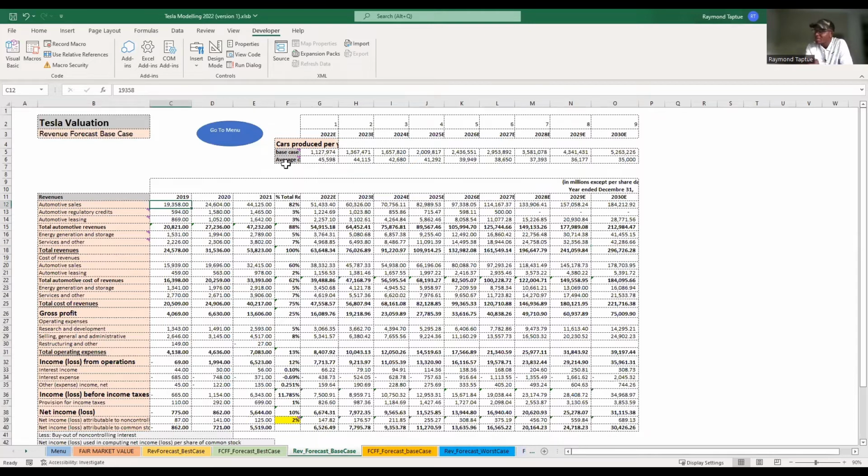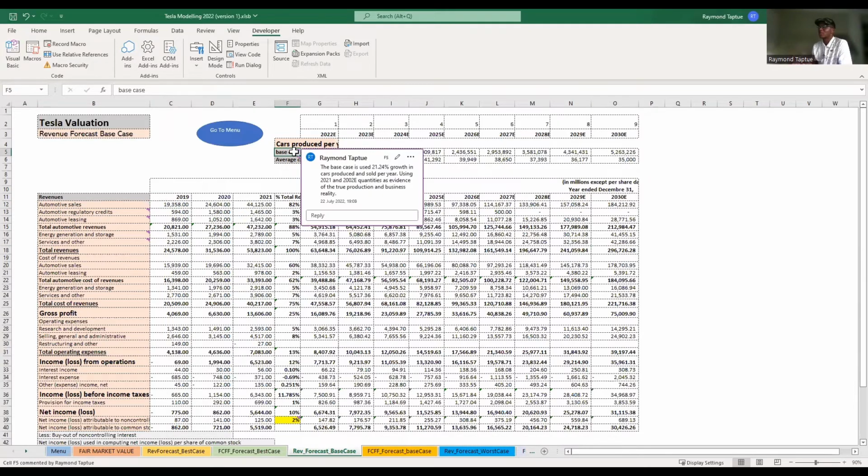So under the base case scenario, I made the assumption that the production will grow about 21% per year to 2030. And to determine that production, I connected the quantity produced in 2021 with my estimate for the 2022 quantity and said, okay, this is a reflection of the reality currently at the company level.